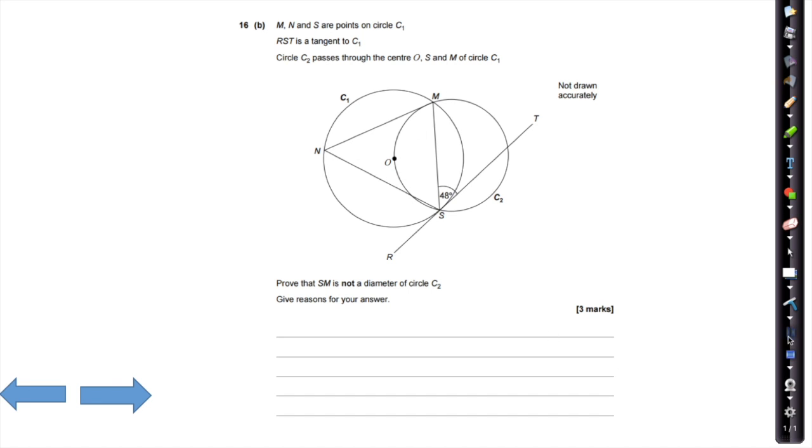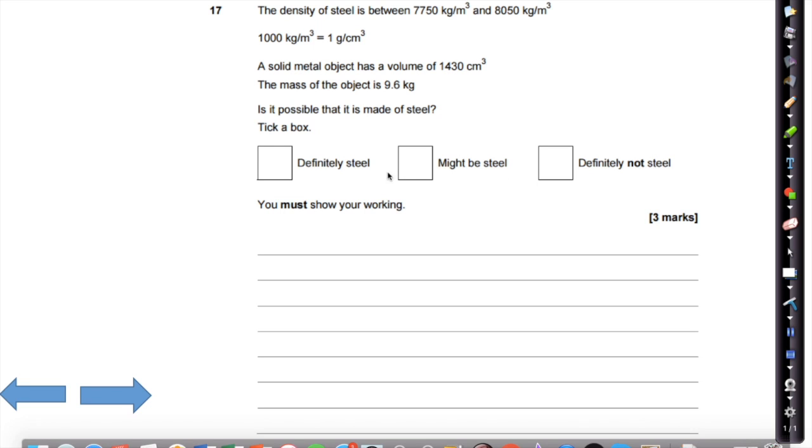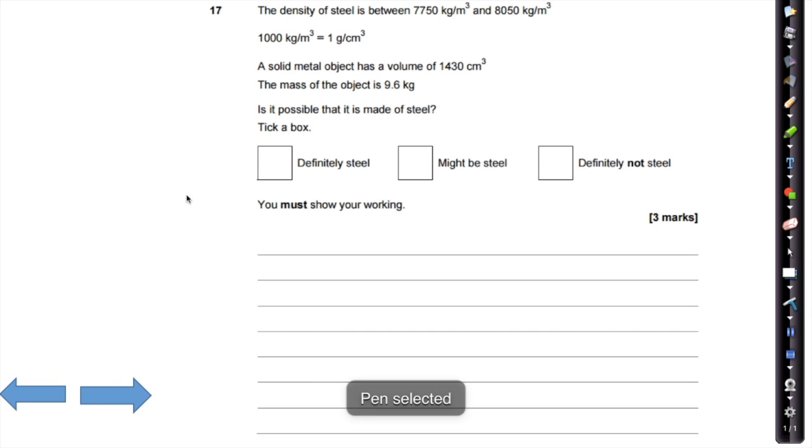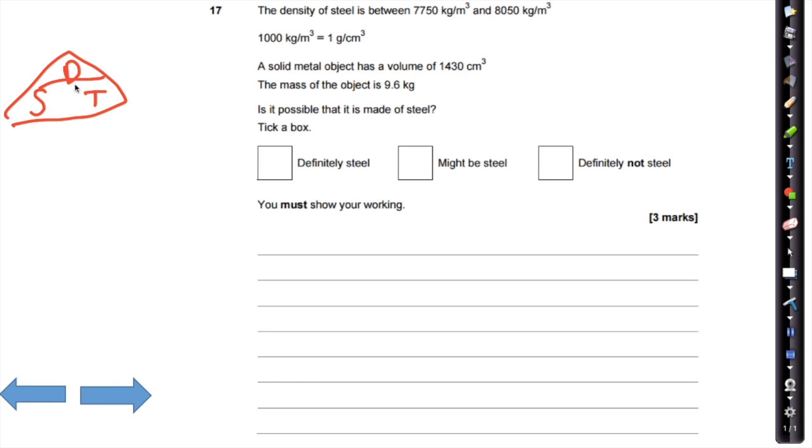A question now on some of the compound measures, which are less common but much more frequent in the new GCSE. There are a few extra equations that you're expected to know rather than just speed is distance over time.